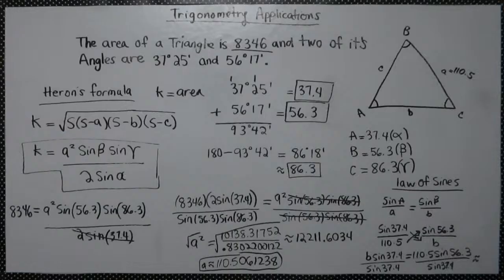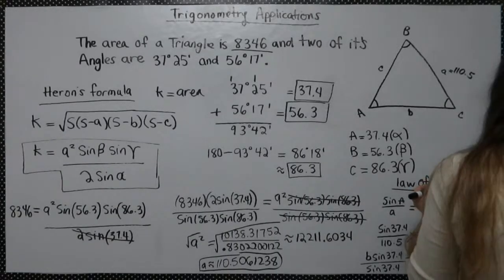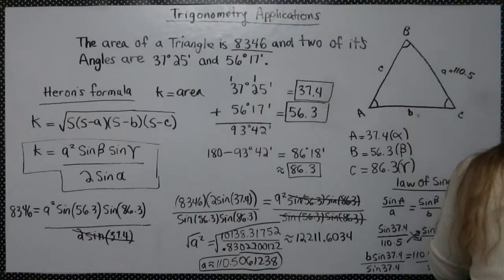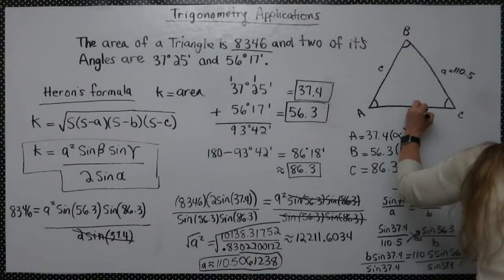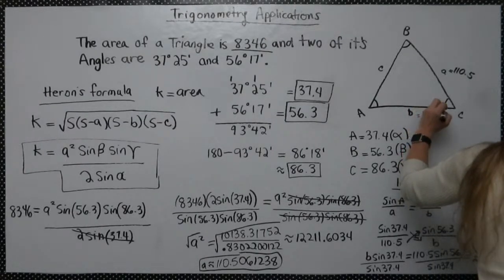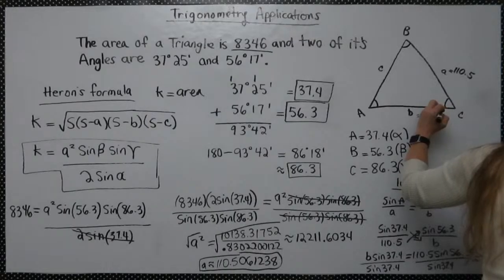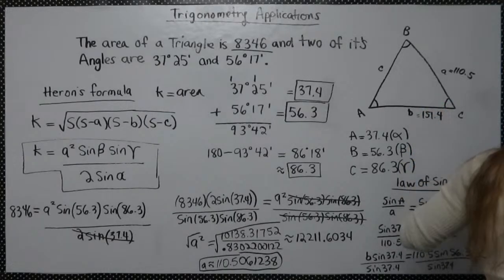So I'm getting B to be approximately 151.36597. We're going to round that to 4 because I'm out of room. So it's 151.365957. We'll just say 4.